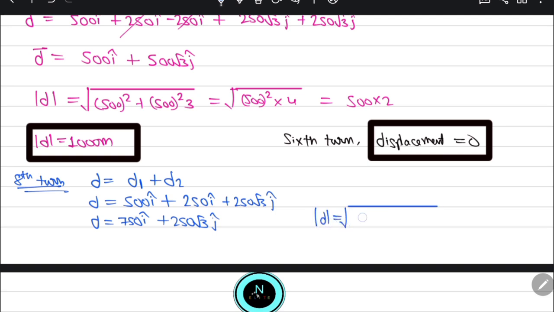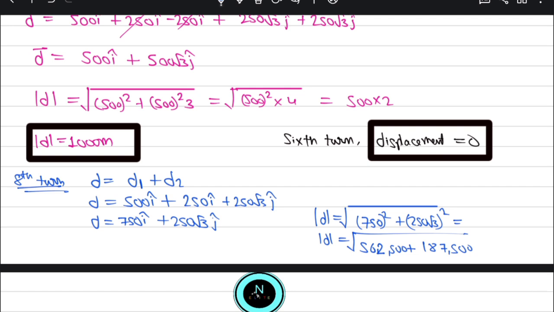So just find the magnitude of it, root of 750 square plus 250 root 3 square. So 750 into 750 comes out to be 562,500, plus 250 into 250 multiplied by 3, which comes out to 187,500. Then we add 562,500, and if you find it, this comes out to be roughly 866 meter.